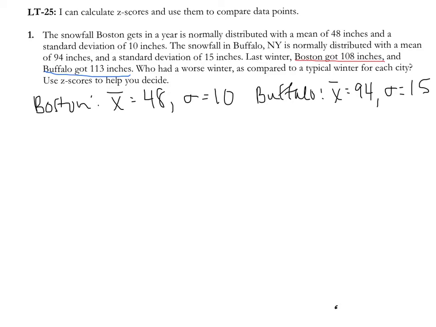And that calculation tells you how many standard deviations above or below the mean you are. So Boston's z-score will start with 108, subtract off the mean, which is 48, and divide by the standard deviation, which is 10. So if we do that, we get 60 divided by 10, which is 6.